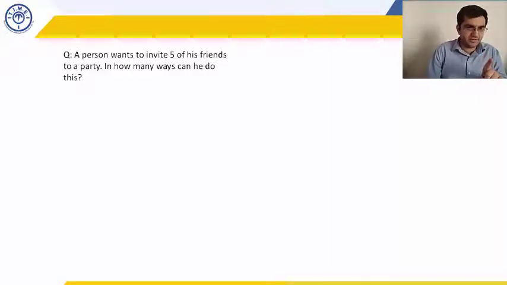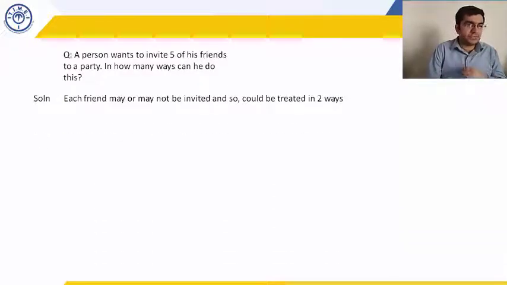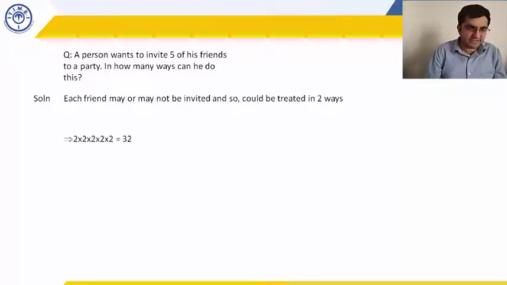Either he will invite or he will not invite, so he can treat this person in 2 ways. Second friend also, either he will invite or he will not invite. Third also, fourth also, fifth also. So each friend can be treated in 2 ways. So the total number of ways to invite his friends becomes 2 into 2 into 2 into 2 into 2, that is 32 ways.